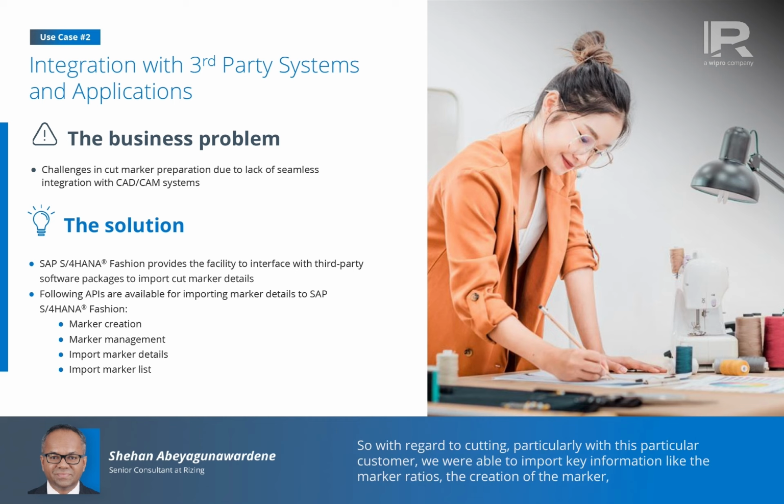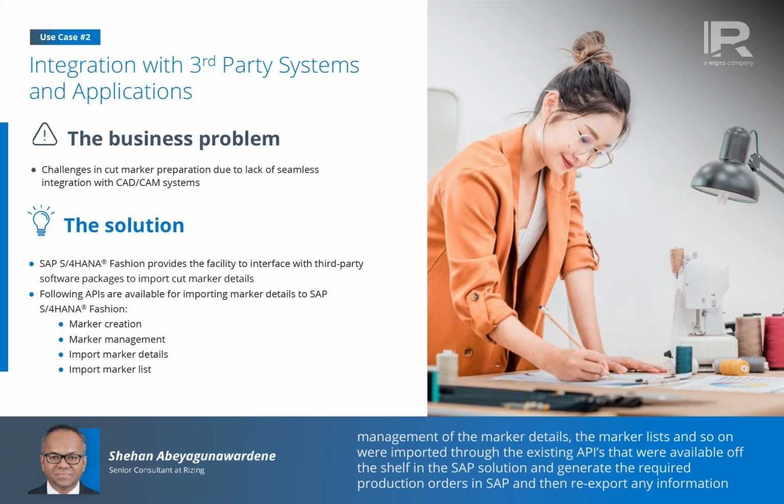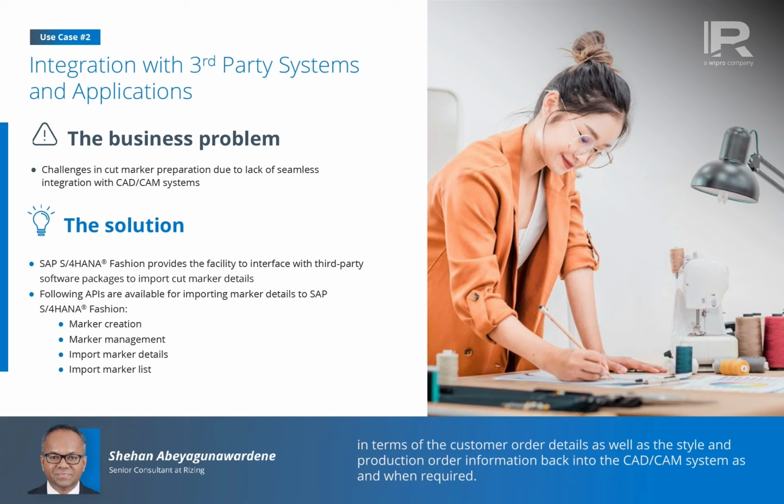So with regard to cutting, particularly with this particular customer, we were able to import key information like the marker ratios, the creation of the marker, management of the marker details, the marker lists, and so on through the existing APIs that were available off the shelf in the SAP solution, and generate the required production orders in SAP, and then re-export any information in terms of the customer order details, as well as the style and production order information back into the CAD/CAM system as and when required.